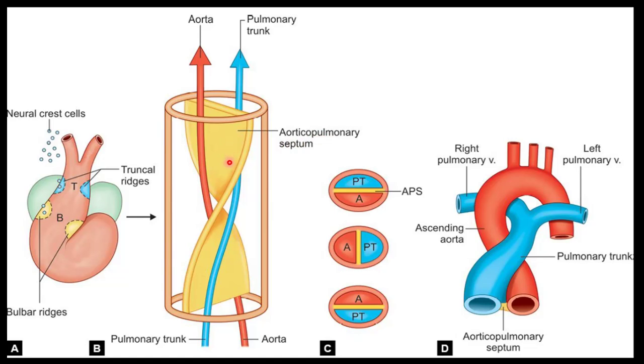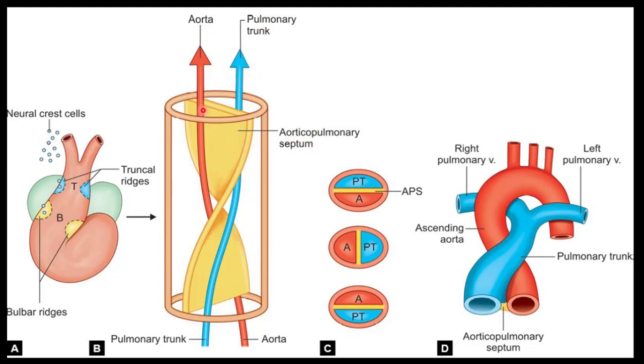Now, what else could go wrong? If this aorticopulmonary septum does not occur within the midline, so let's say it is displaced anteriorly, this pulmonary trunk will be stenosed. So you have pulmonary artery stenosis. You also have an overriding aorta.